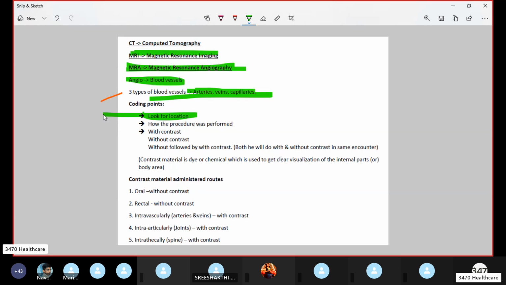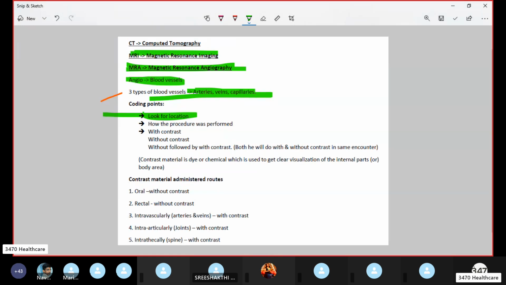That contrast material, how do they administer it to the person? They give it through oral or rectal. Oral or rectal given is considered without contrast.